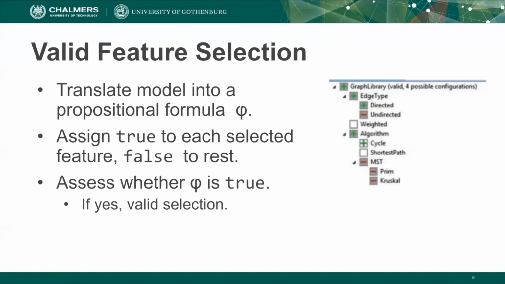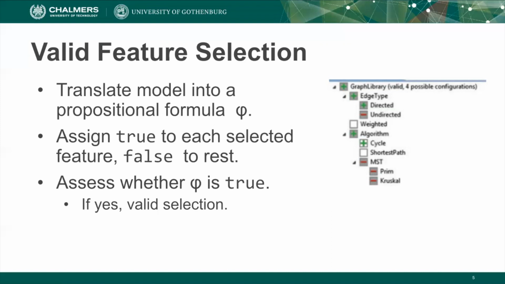A feature selection is valid if and only if the interpretation of the formula, in which we assign true for every selected feature and false otherwise, is a valid solution to the formula. In other words, we substitute every variable corresponding to a selected feature with true and every other variable with false. The selection is valid if the overall formula, phi, is true. This operation is computationally very cheap. It's linear in the size of phi.